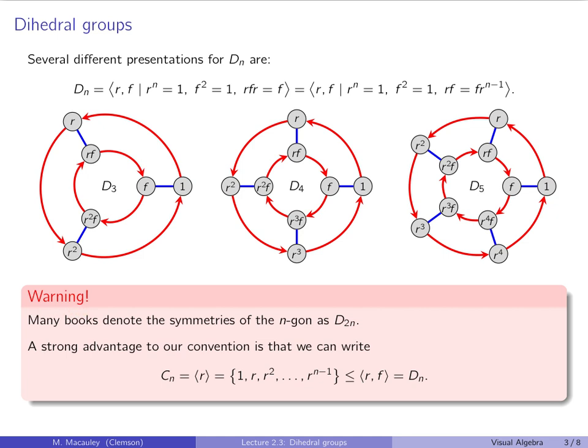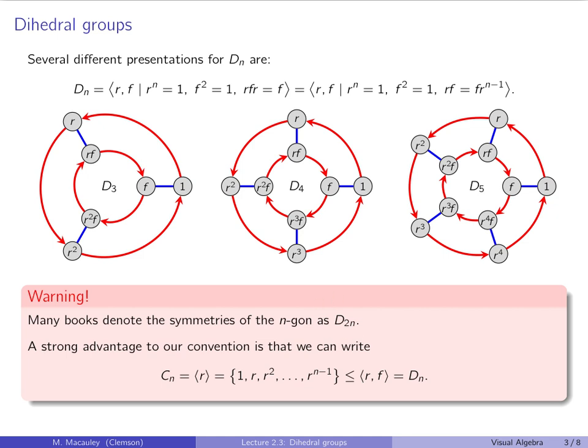Now here's a warning. Many books denote the symmetries of the n-gon as D2n instead of Dn. I really don't like this. And here's why. A strong advantage to our convention is that I can write Cn, generated by r, which is the powers of r, as a subgroup of Dn.